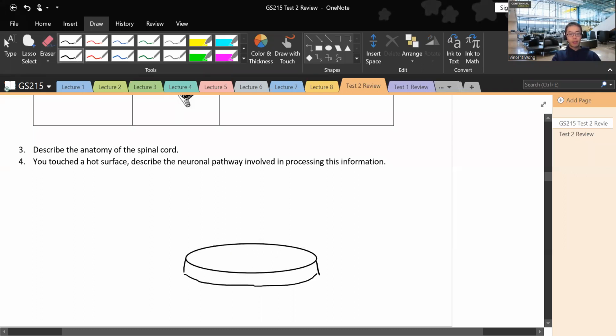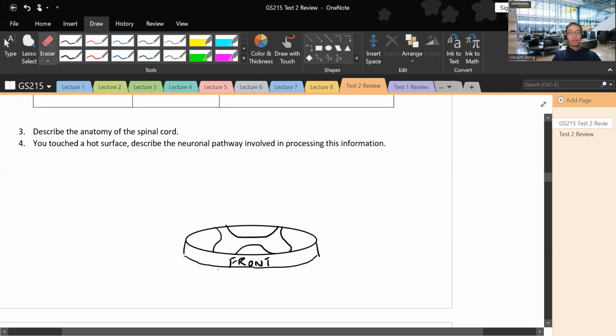Okay, and then we have the butterfly structure. This is the dorsal side, the back side, and then this over here, that would be the front. Okay, the anterior side.